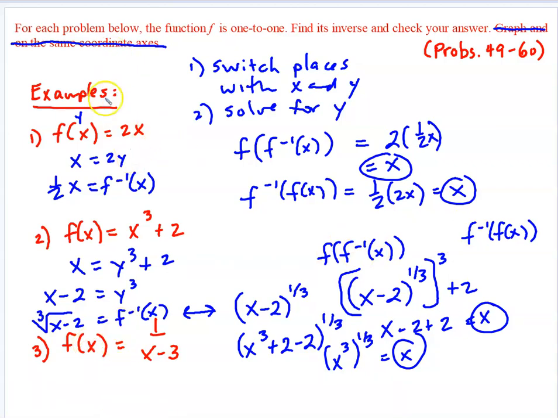Let me see if I can squeeze it in. So switch places with x and y. And then solve for y. So I'm just going to multiply by y minus 3 on both sides.